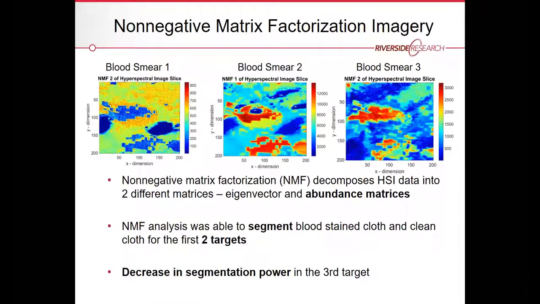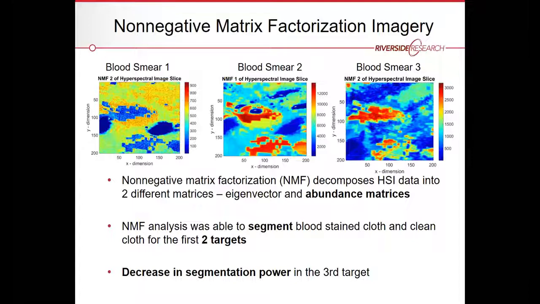The first machine learning algorithm that we use is a very cute technique called non-negative matrix factorization. Again, what you're seeing is the results of the non-negative matrix factorization for different blood smear conditions, blood smear 1, 2, and 3, where the smear is increasing.